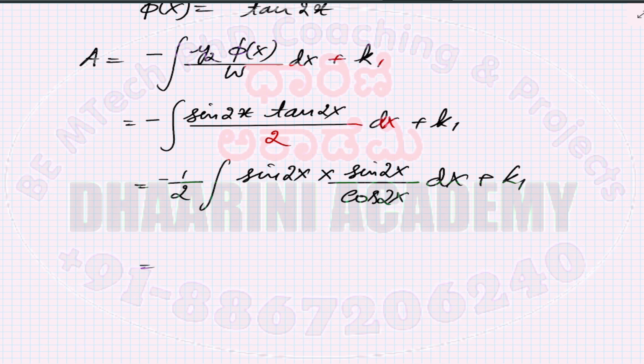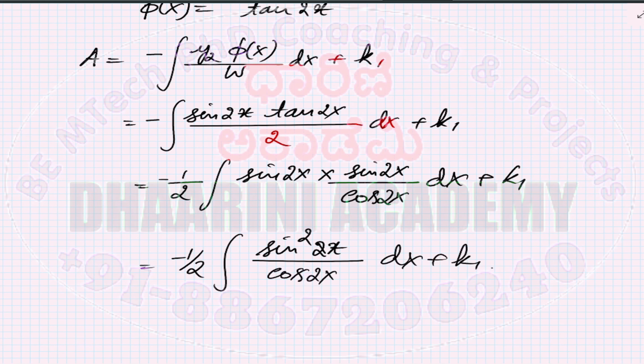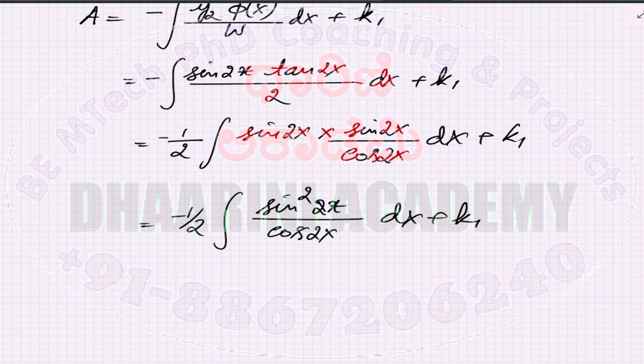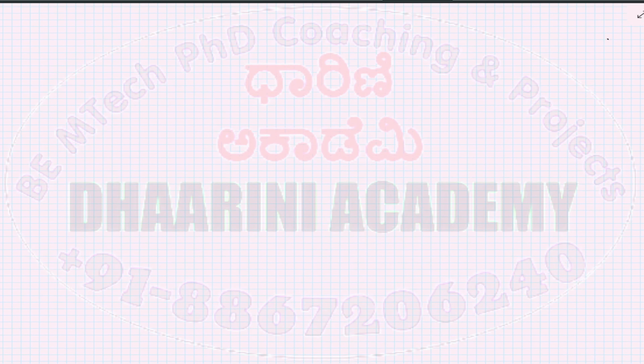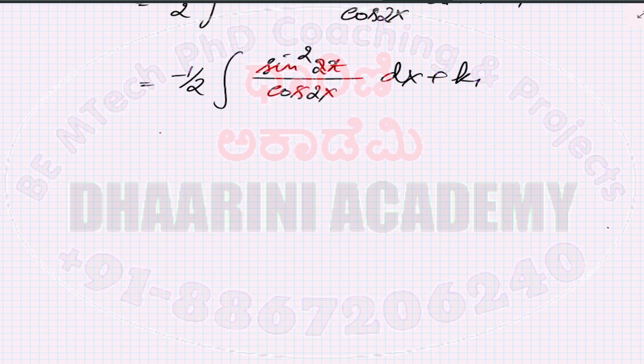So this is equal to minus 1 by 2 into the integral of sine square of 2x by cos 2x dx plus k1. All right, now I have no other way, but I need to bring a cos in the numerator as well as the denominator.